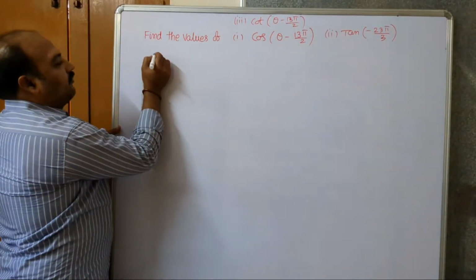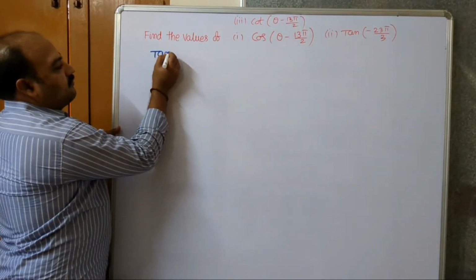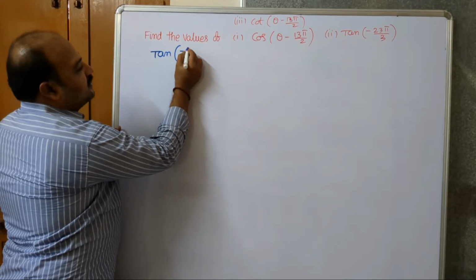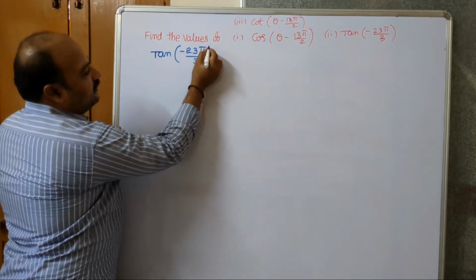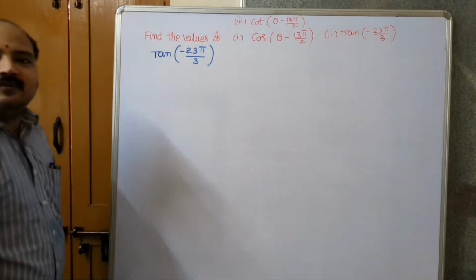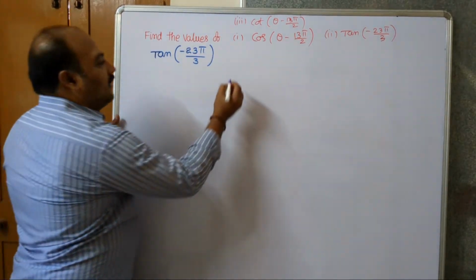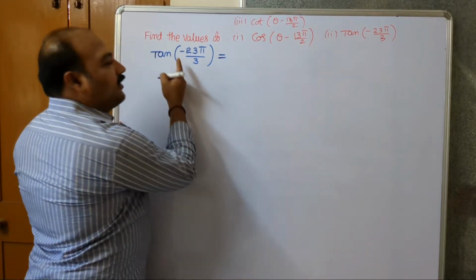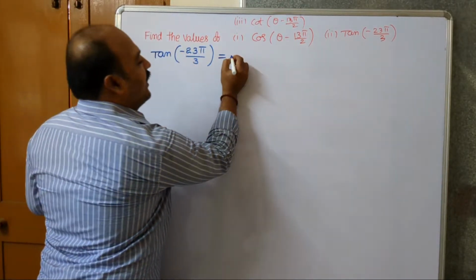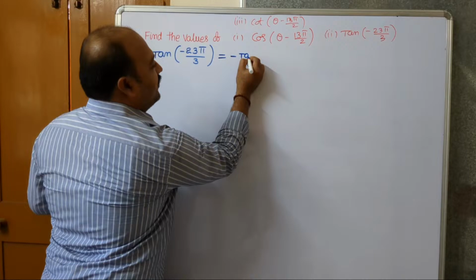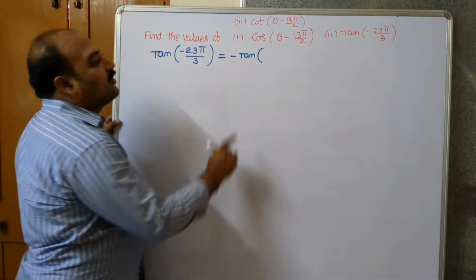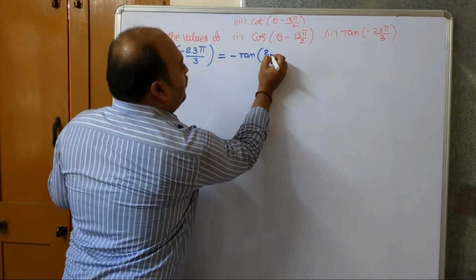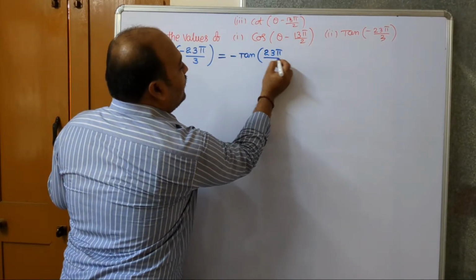Come to here, tan of minus 23 pi divided by 3. That is equal to tan of minus theta is minus tan theta, minus we can take outside. So minus tan 23 pi by 3.